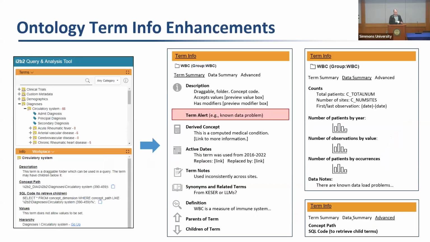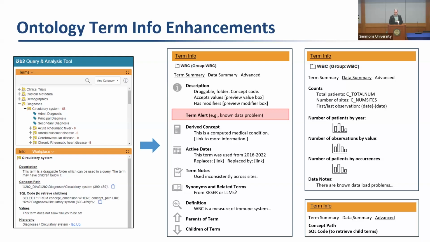The next thing that we're going to be looking at is enhancing the term info box. So on the left, you have the ontology browser inside of I2B2, and below it, the term info. This is coming right from the I2B2 ontology XML. There's things like the concept path, the SQL codes for it. It's useful for the administrators, but not so useful for the investigators.